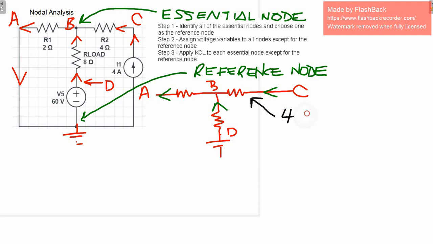So over on the right hand side, we have 4 amps from the current source. If we take a look at the load, we have VD subtract VB divided by the load resistance is going to give us the current going up through the load resistor.